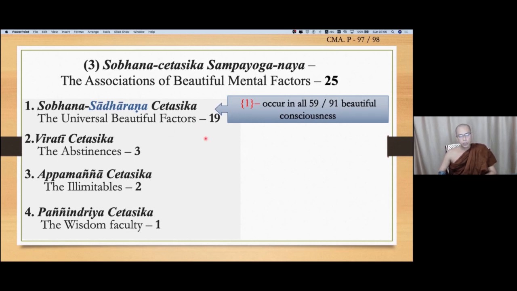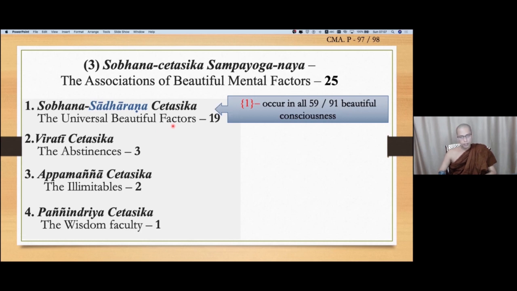These 30 non-beautiful consciousness, they will arise only with beautiful consciousness, 59 in 89, or 91 in 121. They all are beautiful consciousness. The reason why this class of consciousness is regarded as beautiful is that they arise with these beautiful mental factors.